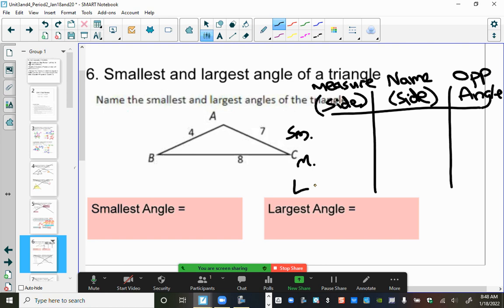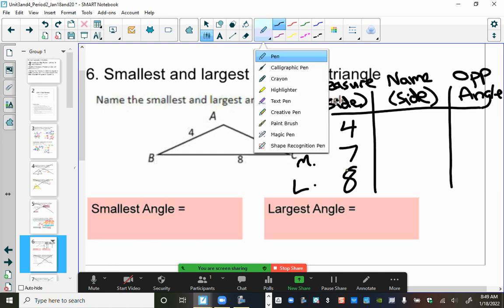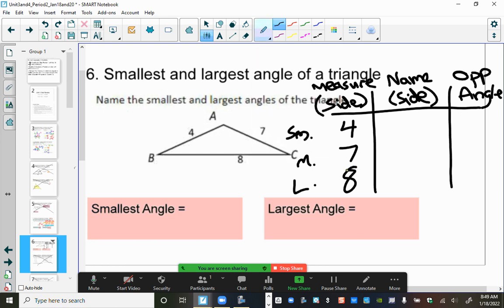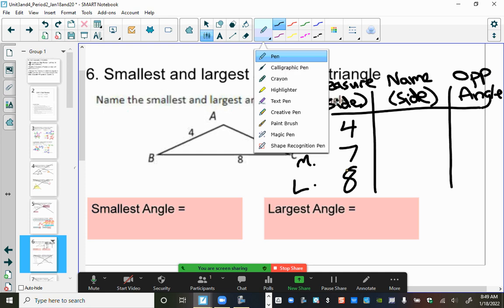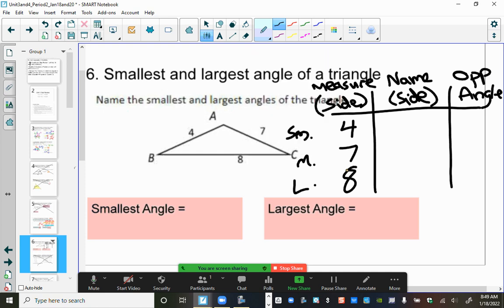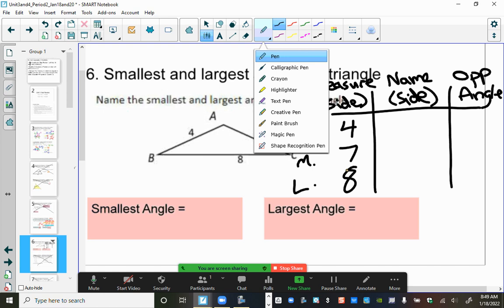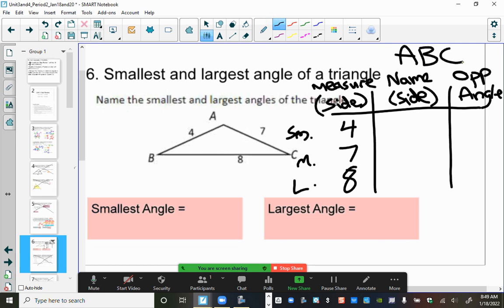So now let's look at our numbers first. What three numbers do we see? That's the first thing you need to list. 4, 7, 8 right away. The numbers that you see, list them from smallest to largest. That's step number 1. Step number 2, you might want to write down the name of your triangle.